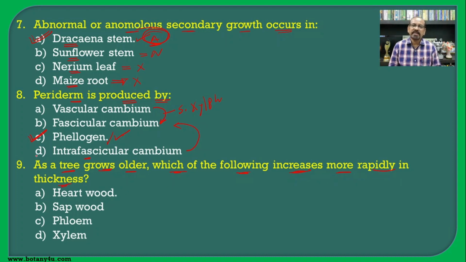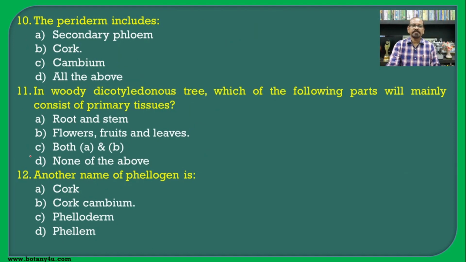So if we see the older trees, there is an increase in the wood in the stem, and this wood in an older plant or tree is hardwood, and hence the maximum thickness of the wood, that is the hardwood, is present in the older trees when they are growing, and hence it becomes the answer.